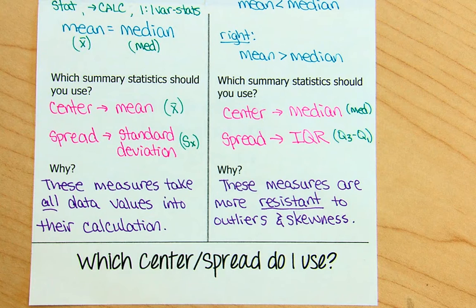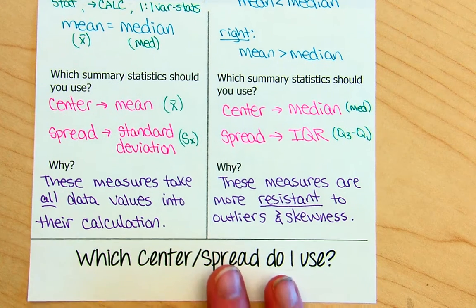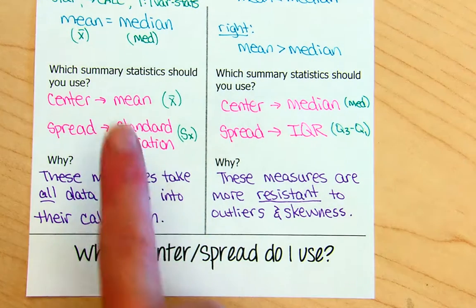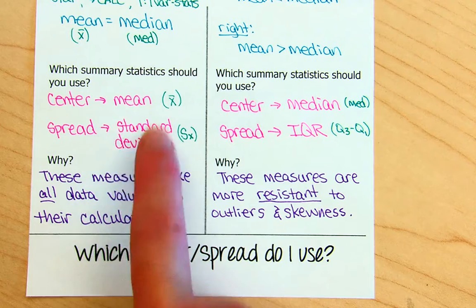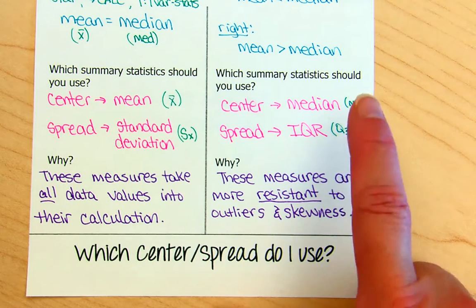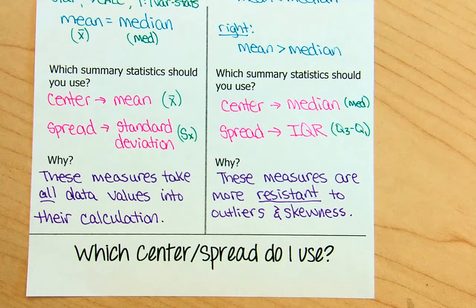And you'll see it more as we look at more data, but that's the idea that we're looking at. So these things you need to remember. Symmetric, use mean and standard deviation. If it's skewed, you're going to use median and IQR. Questions on that part?